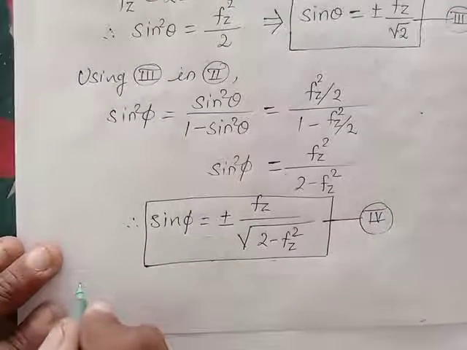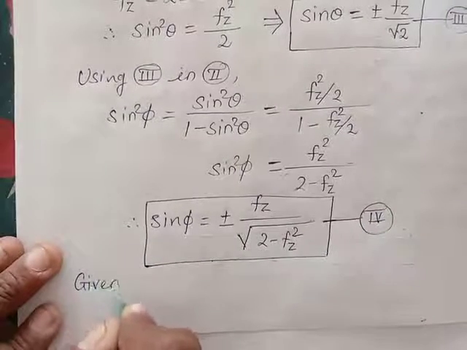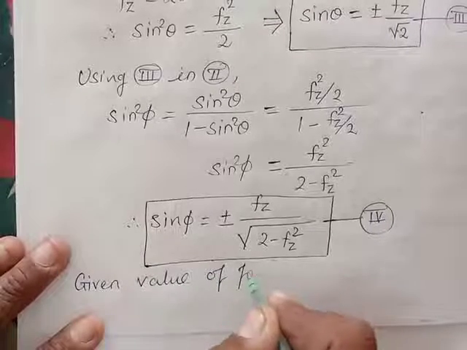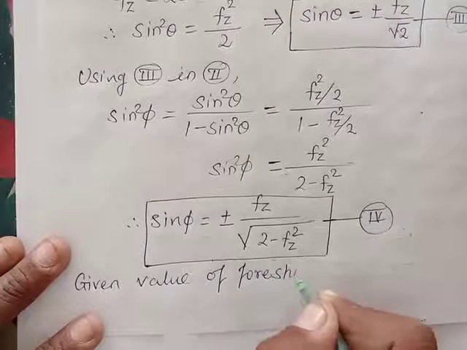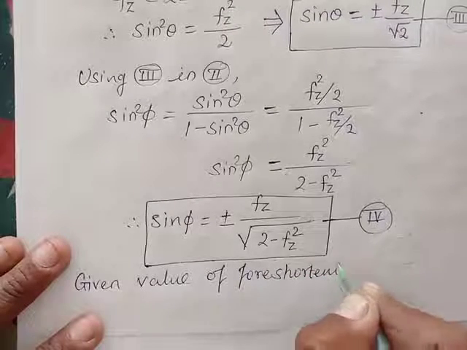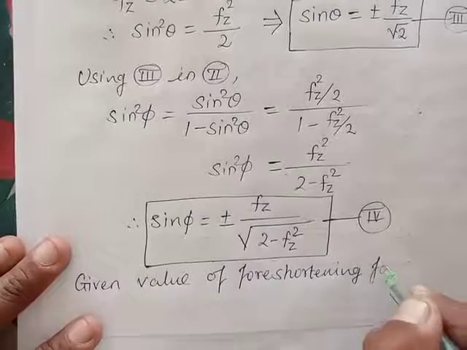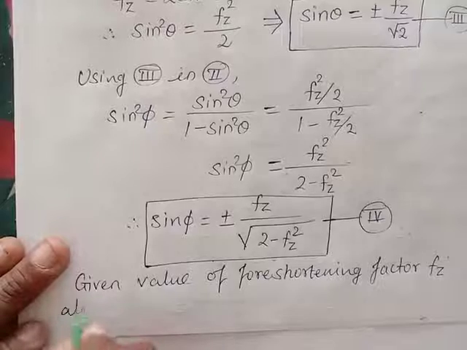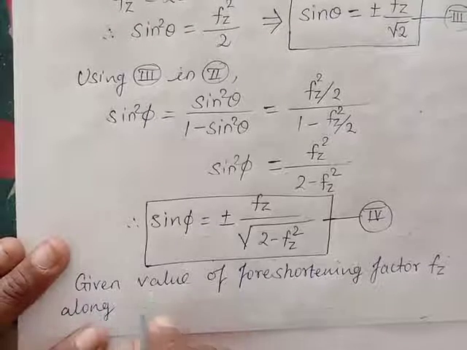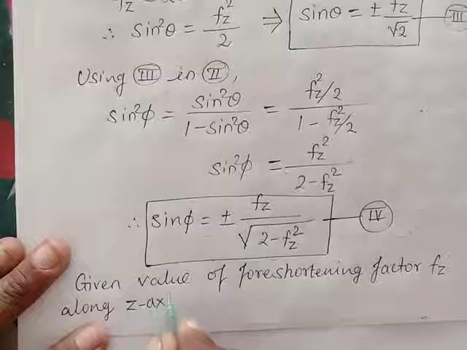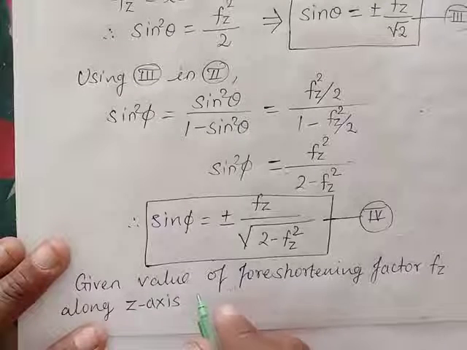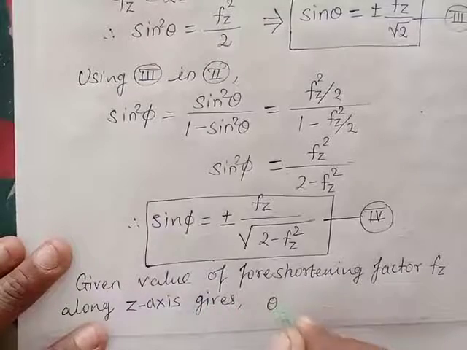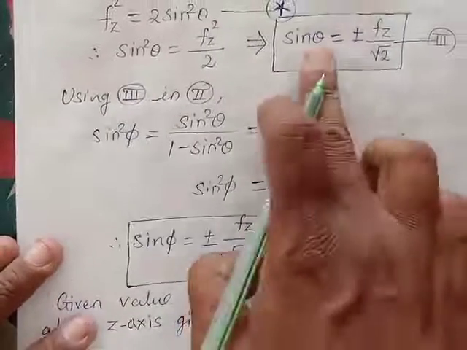Given value of foreshortening factor Fz along z-axis gives theta equal to, what is theta from this?